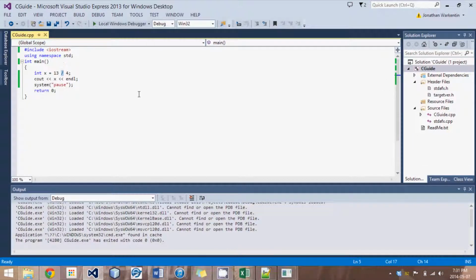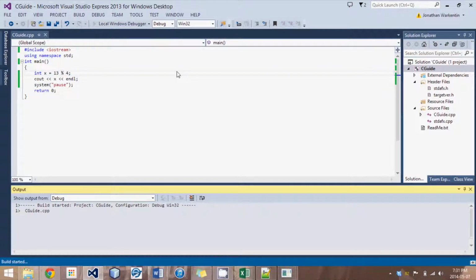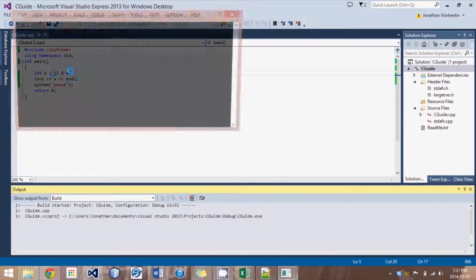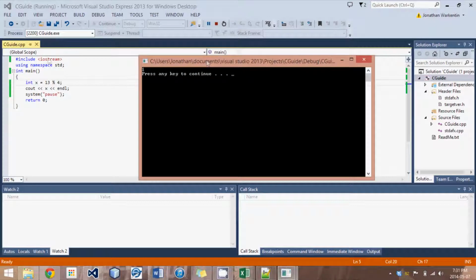So what we can do is use this little symbol that divides and grabs the remainder. And that is this little percentage sign symbol. And in programming, we call that symbol modulus. So we do 13 modulus 4, and we should get 1, because the remainder, after dividing 13 by 4, we get a remainder of 1.